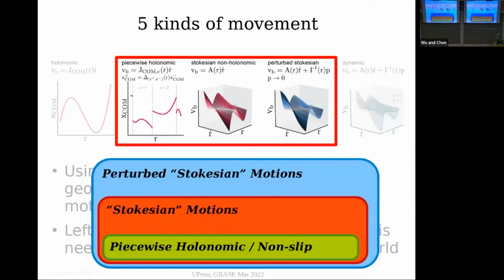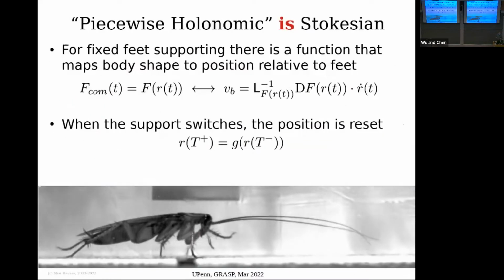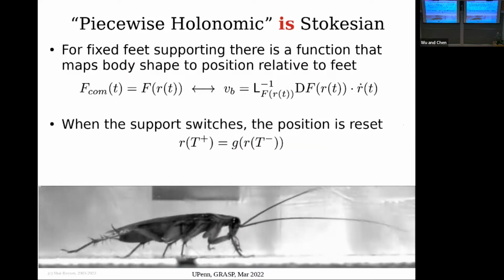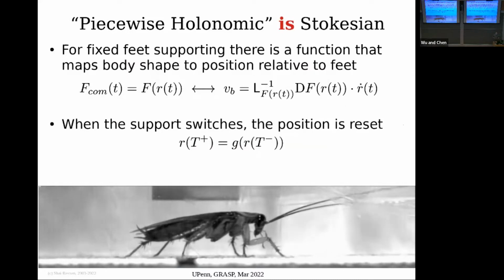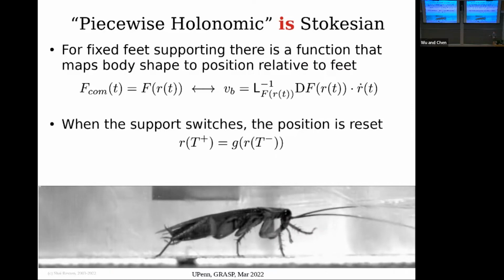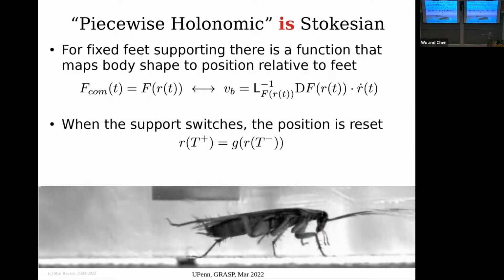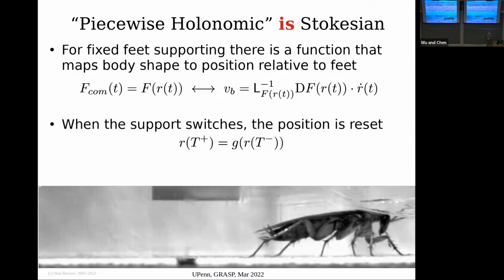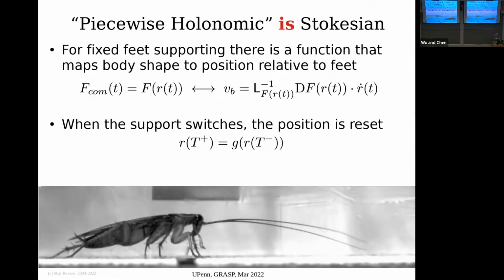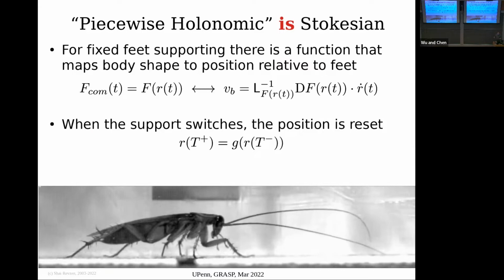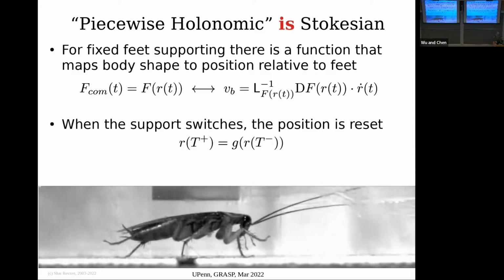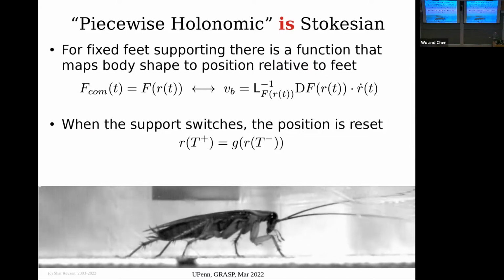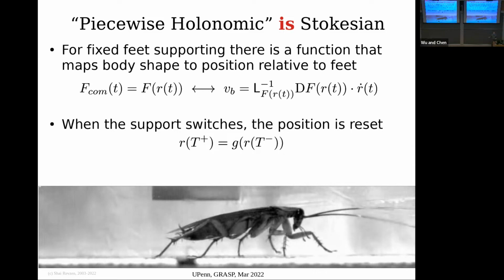And I do want to point out that piecewise holonomic motion is a kind of Stokesian motion. So you see this bug walking around. When its legs are on the ground, you can map the location of the center of mass from the shape of the body. So this is a piecewise holonomic motion. But I can just take that equation on the left, which says the frame of the center of mass is a function of the shape, and differentiate it.